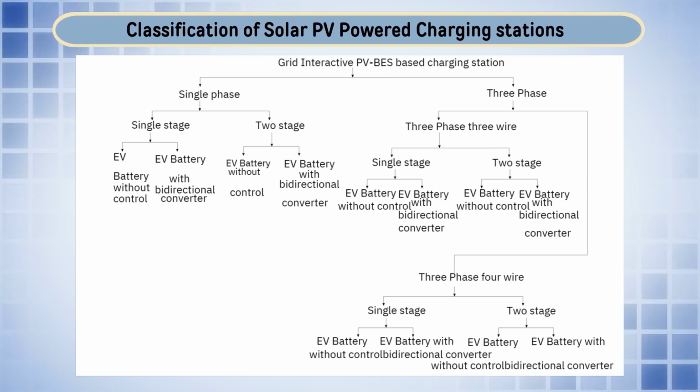Then these charging stations are further classified as EV battery without control, with control, and bidirectional. They can also be classified depending on isolated and non-isolated DC-DC converters. So, there are various ways to classify these charging stations.